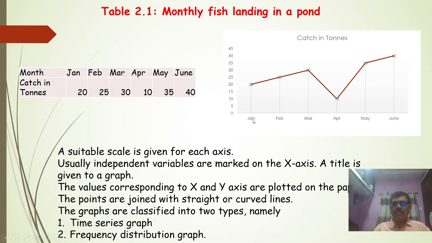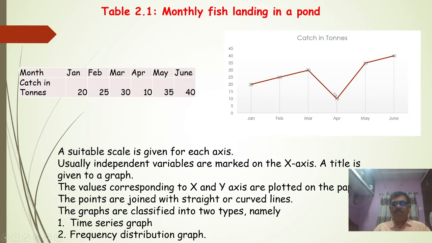These are the values, and the months are plotted on the paper, that is 0, 5, 10, all equidistant. The points are joined with straight or curved lines. For January at 20, a point is made, and then these points are joined with straight or curved lines.